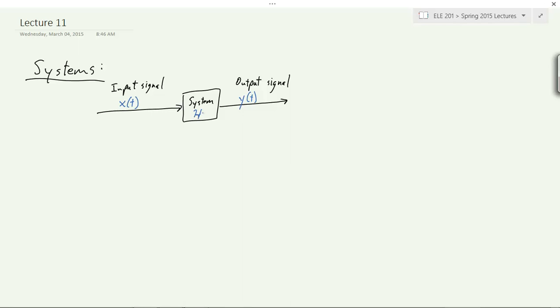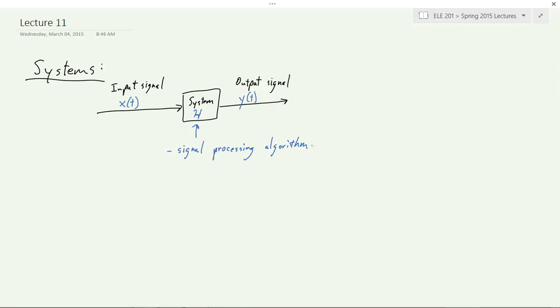And what I want you to think about here, in the context of why we would be discussing such a thing, is that this system might be, for example, a signal processing algorithm. So maybe this system is doing something, smoothing or whatever else on an input and producing some output.